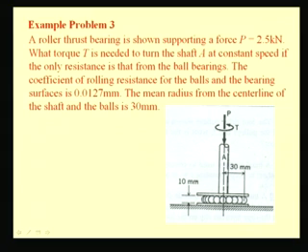It has to support a load of P, and in order to keep this shaft in rotation we need to apply this torque T. So, we are interested to find, if the coefficient of rolling resistance is 0.127 mm and the various other dimensions are given, the value of the torque required to keep the shaft in rolling motion.